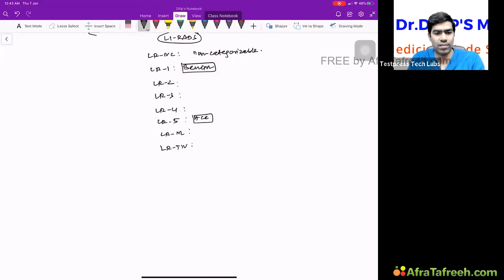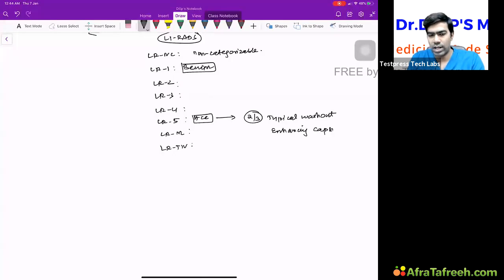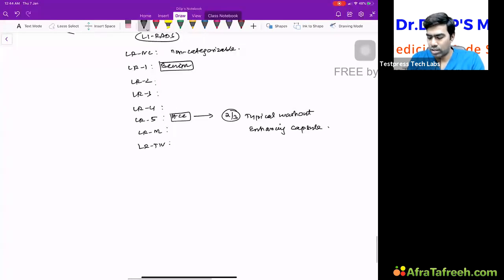When you talk about the characteristic features, we have 2 out of 3. If 2 out of 3 characteristic features are there, that is supposed to be a typical HCC. So what are the characteristic features? There will be a typical washout pattern, which I've told you already, that early washout. Along with that, there will be an enhancing capsule, and you're demonstrating growth of this tumor.